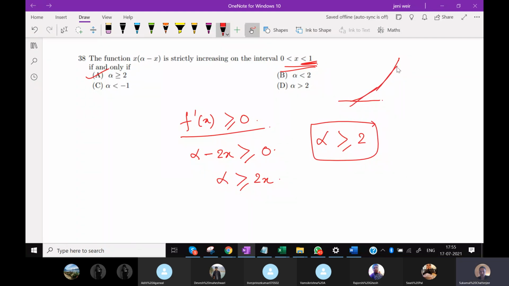Then it can go positive. Okay. So if we are talking about strictly increasing, then we should not include equal to sign? It depends on the starting value of the function.